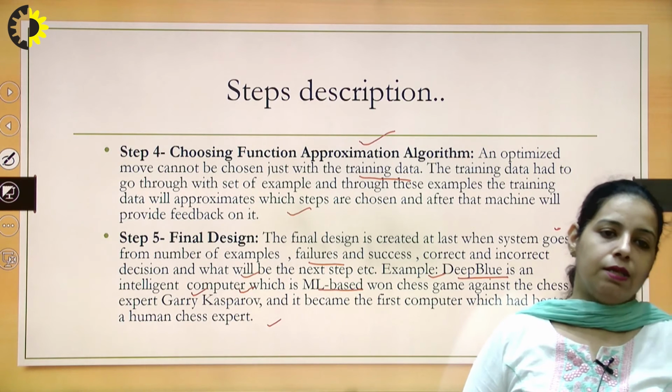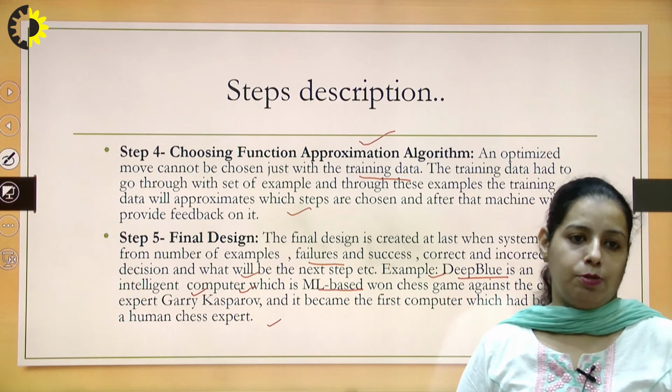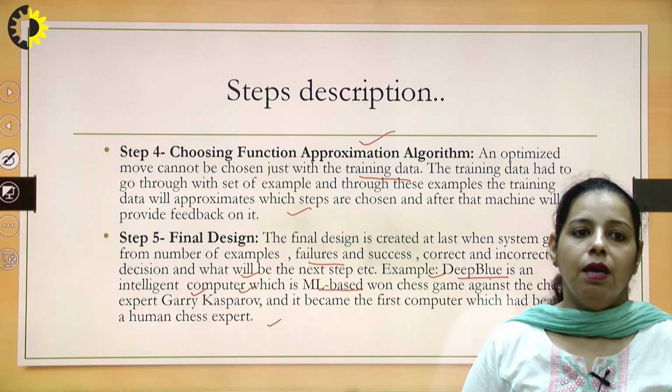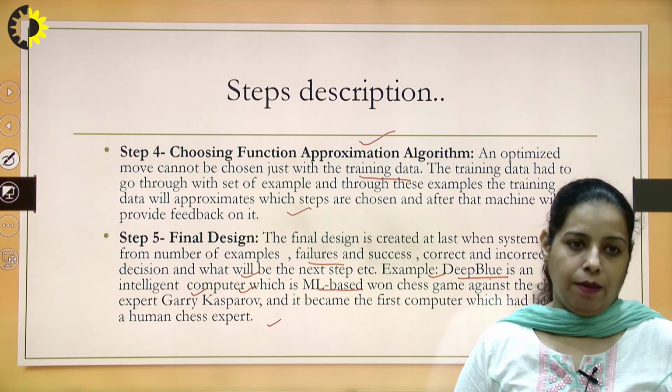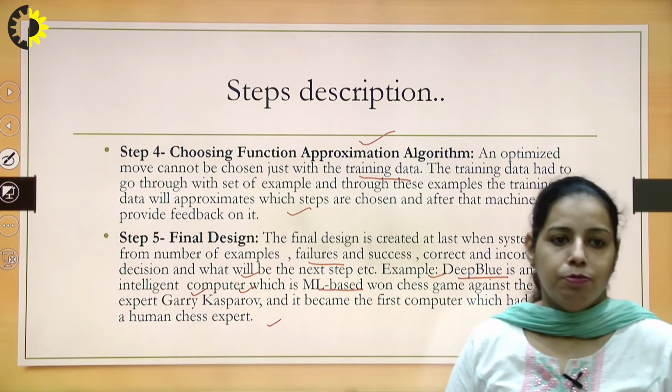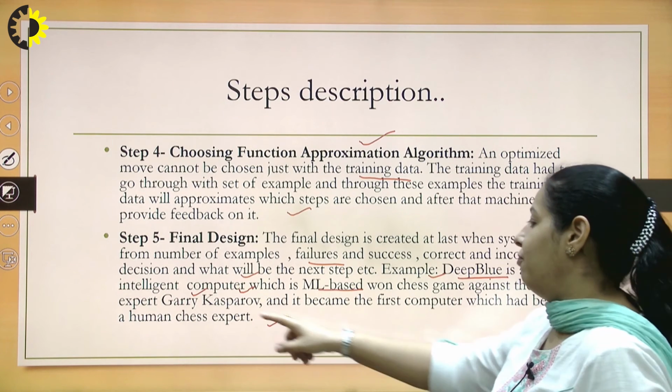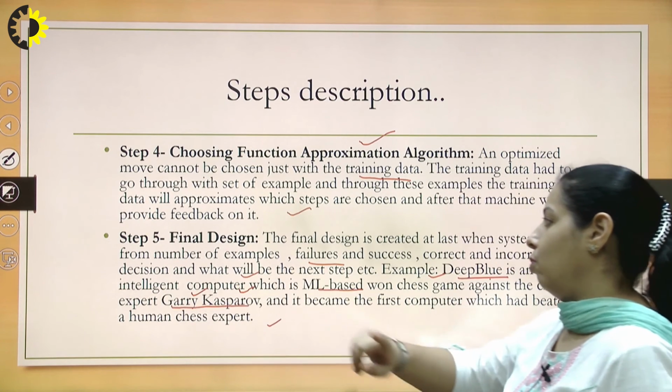So this machine has learned from its experiences. Lots of data was fed to it to make it experienced and to make it play like a human being. And because of all these efforts, this machine Deep Blue won the chess competition against this very famous chess player, Garry Kasparov.